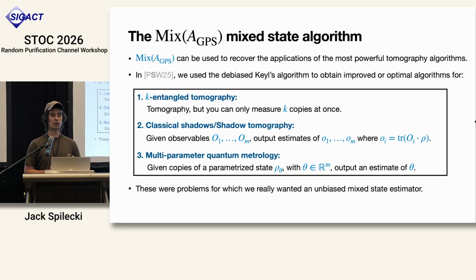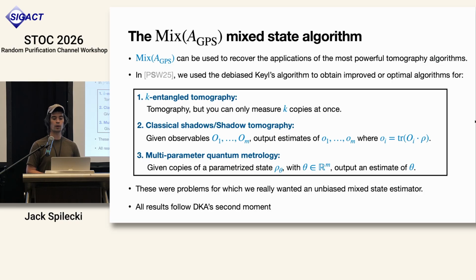And for these applications in particular, once you have an unbiased estimator, your analysis relies on just the quality of that unbiased estimator, which involves analyzing its second moment. So in this work, we really had to compute the second moment of this representation theoretic estimator, which was a bit hard, but we did it, and we got some improved results or optimal results for these problems.